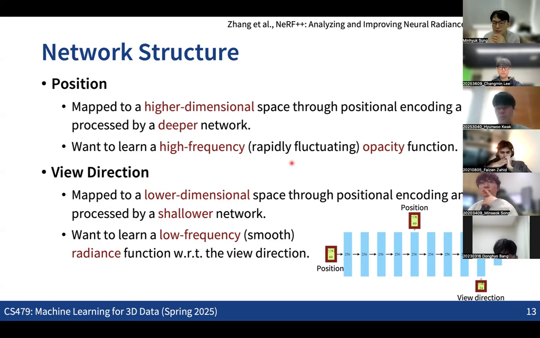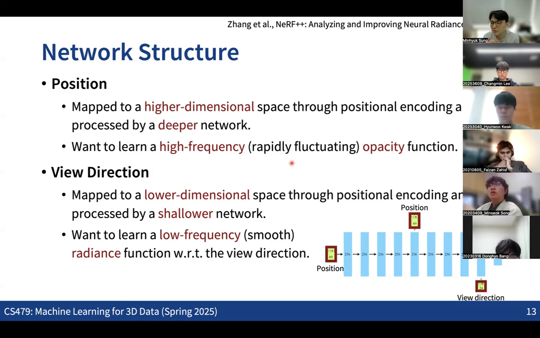But when you expect that the output function is a smooth function, a low frequency function, then we reduce the number of parameters of the neural net by making the network shallower, and also using the position encoding with low frequency sine and cosine functions, decreasing the dimension of the position encoding. In terms of that, we can avoid overfitting for the smooth functions.